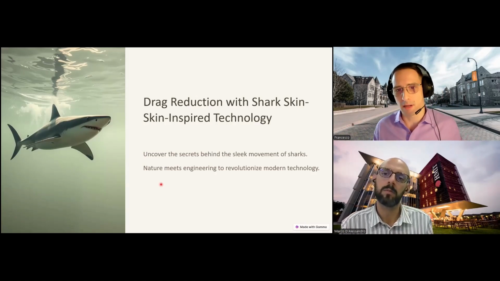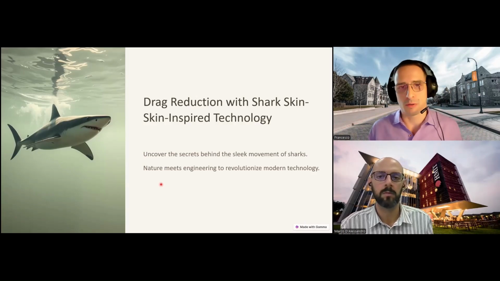So it's extremely common, though it's extremely hard to predict and to model.